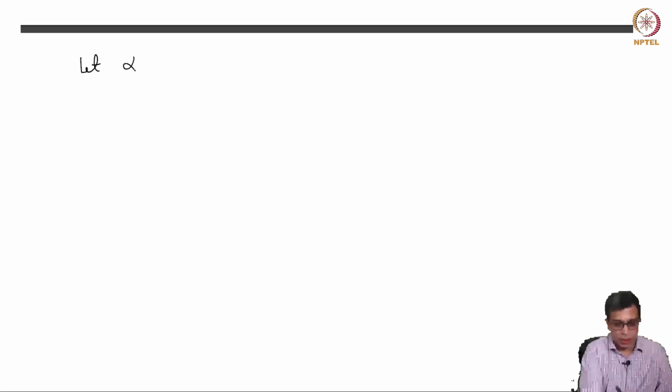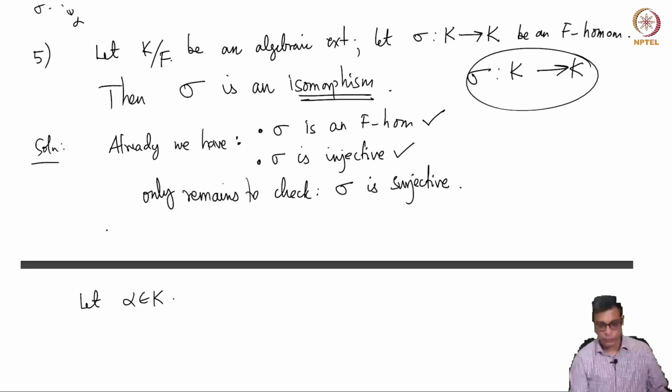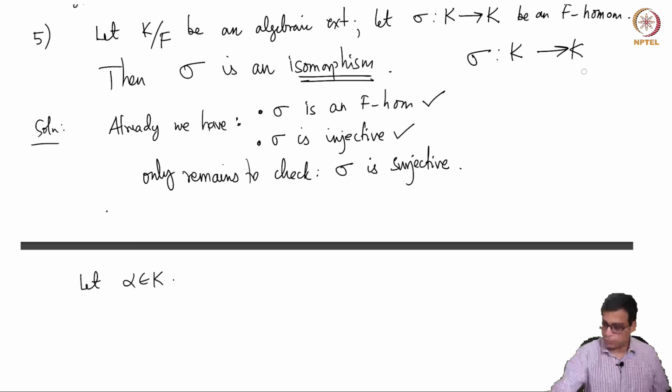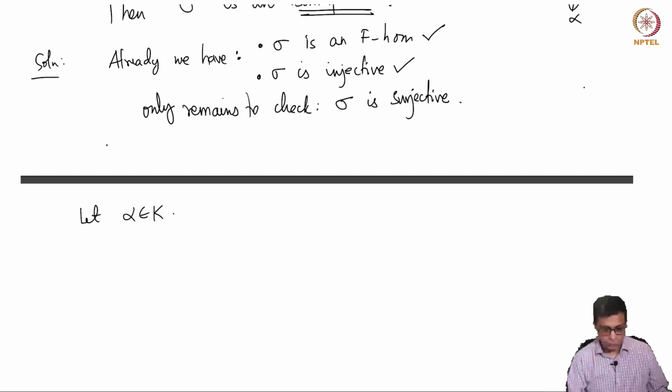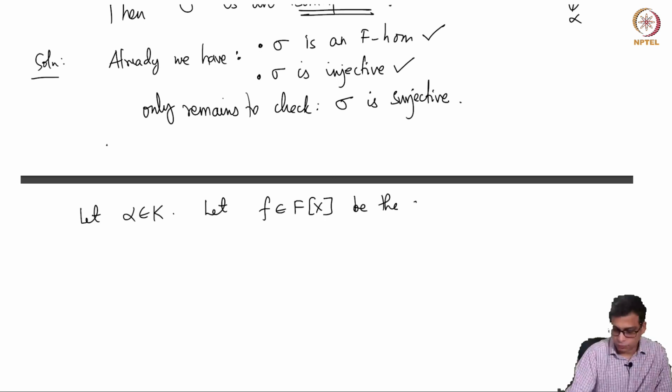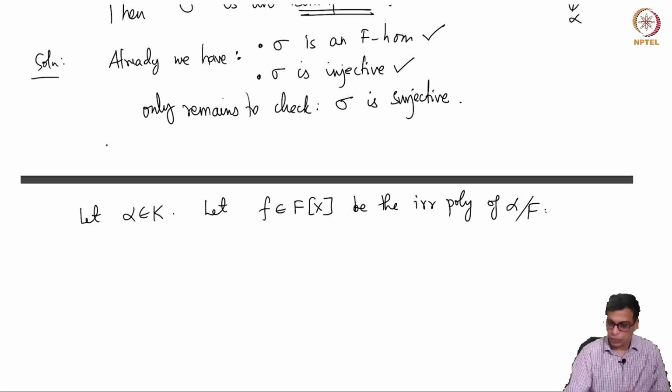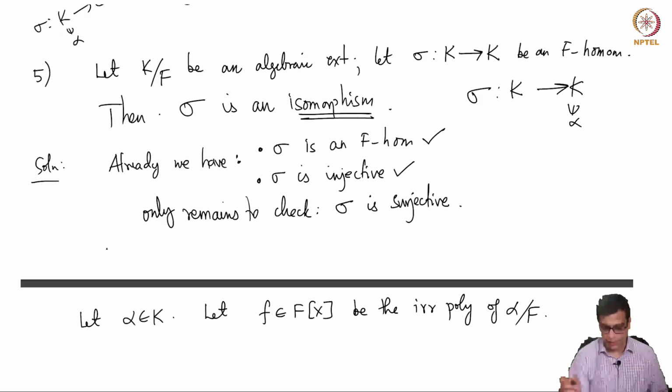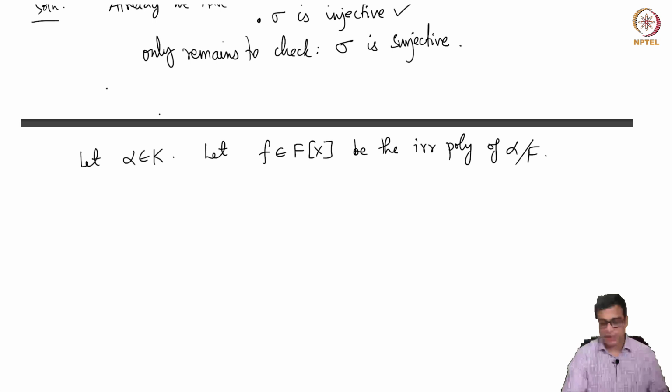So let alpha be in K. So you have alpha here. So let us now consider the irreducible polynomial of alpha over F. Recall that K over F is an algebraic extension, so every element of K is algebraic over F. So I can ask for its irreducible polynomial.